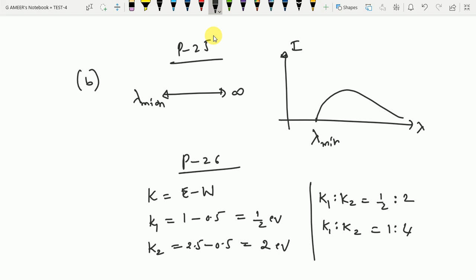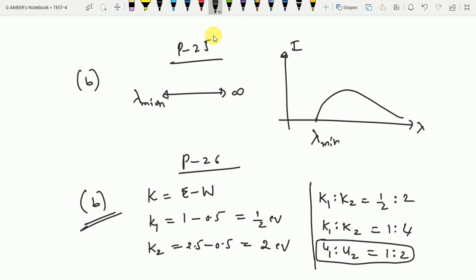Since there are v squares, I need the square roots, that is 1 is to 2. So for problem P26, 1 is to 2 is the best option. So B is the correct option.